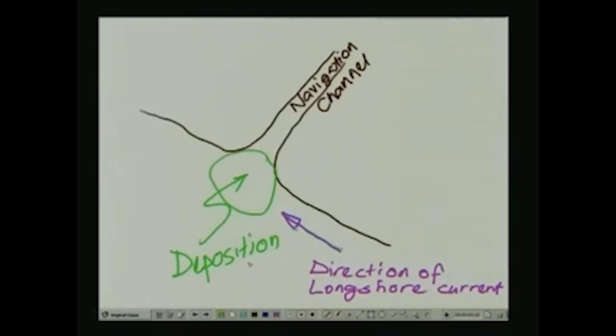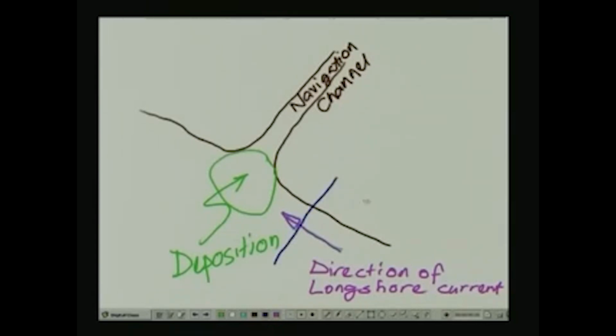So what we do in this case, typically you need to have a control over the longshore deposition process, and typically what is done here is a series of groins are constructed in this manner.